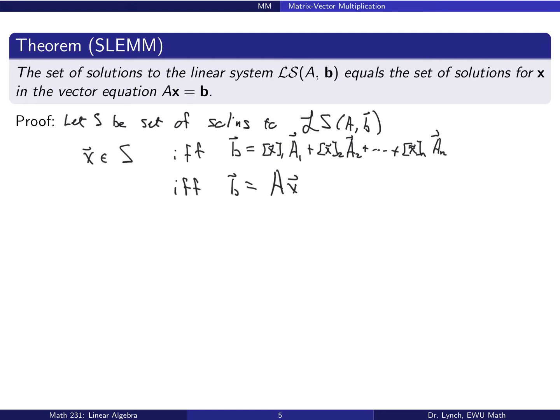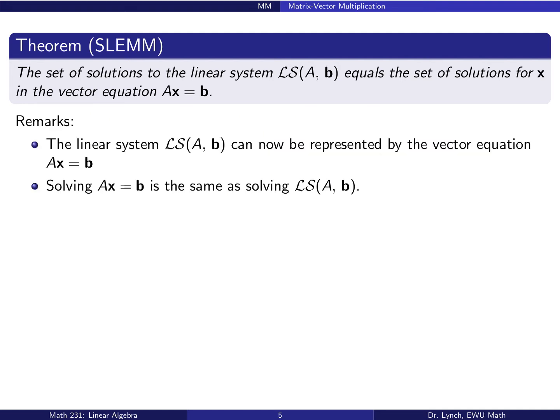Okay, so here is the take-home message. The description of the system LS(A,B) can now be written as a vector equality, and that vector equality is AX equals B. So in other words, solutions of LS(A,B) are the same as solutions of AX equals B. Oftentimes, instead of writing LS(A,B), we'll just write this vector equation that's represented by matrix vector multiplication.